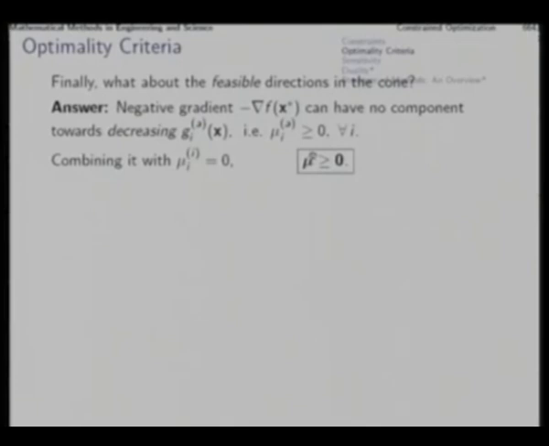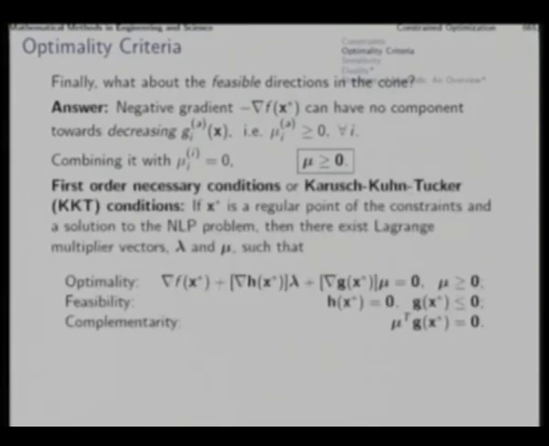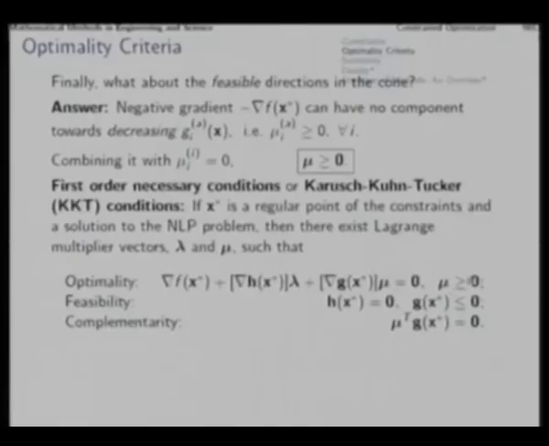So all the conditions that we have collected till now, if we summarize, then we get what is called the first order necessary conditions or KKT conditions, Karush-Kuhn-Tucker conditions, and the summary is this: if x star is a regular point of the constraints and a solution to the optimization problem, minimize f subject to g less than or equal to 0 and h equal to 0, then there exist lambdas and mu's, that is Lagrange multiplier vectors, such that grad f plus grad h lambda plus grad g mu is 0 with mu non-negative, which comes from optimality requirement.